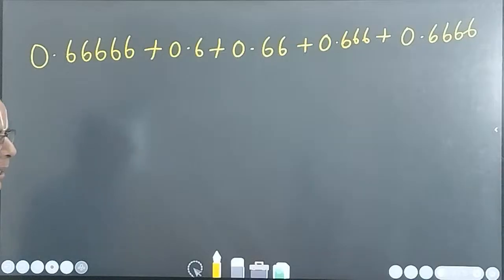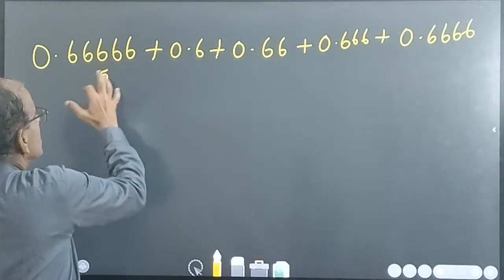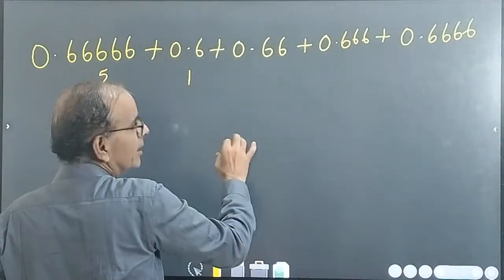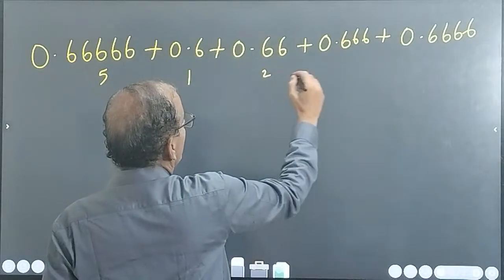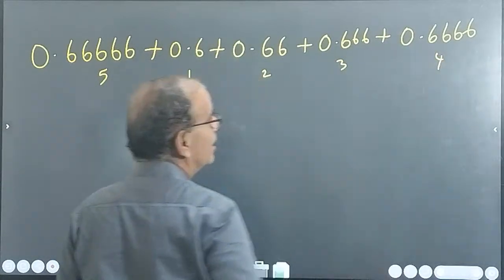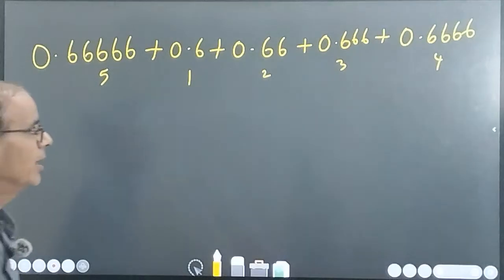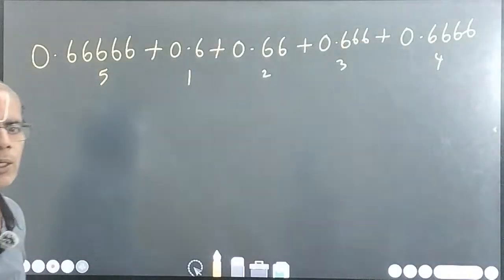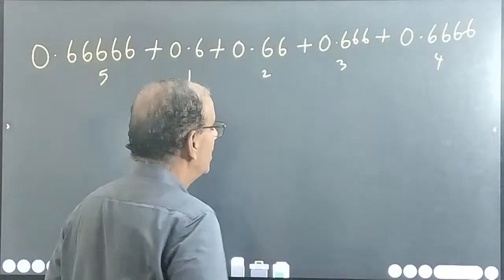The number is same. Here decimals are there. Here how many digits are there? 5. Here 1 digit, here 2 digits, here 3 digits, here 4 digits are there. Here the number should be the same, but it should have decimals. In the previous question you started 6, 5, 4, 3, 2, 1. Now you start with 1.